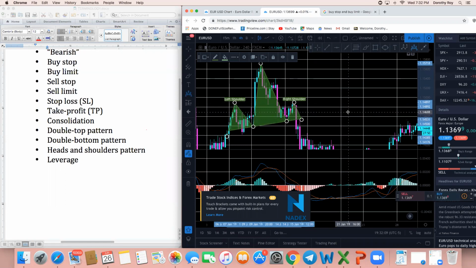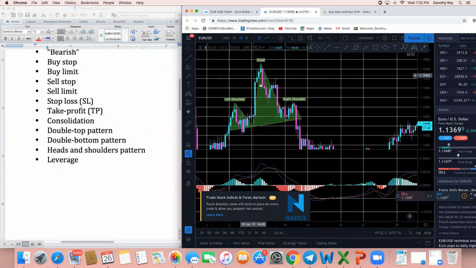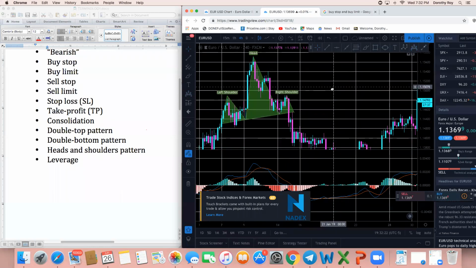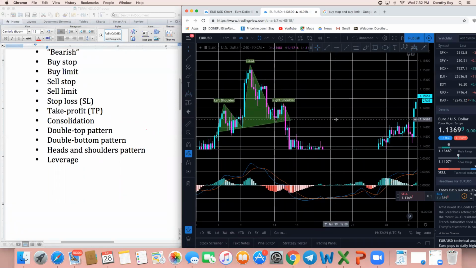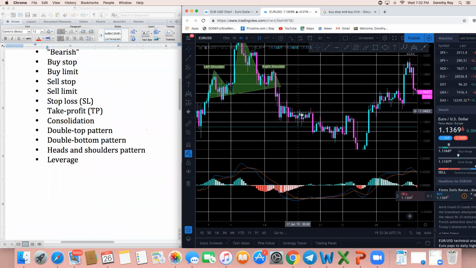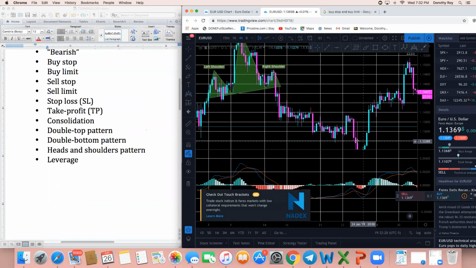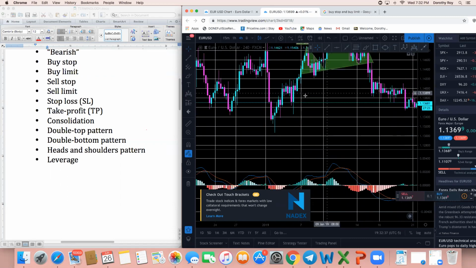Okay, so this right here is called a head and shoulders. It pretty much created two small peaks on both sides and one tall peak in the middle. Usually when you see these, you're going to have an extreme movement to the opposite side. So let's say it's coming down, it's really going to start coming down, but you can also see it upside down.